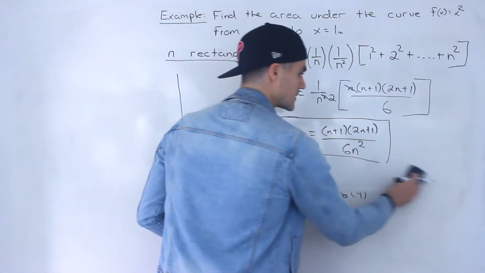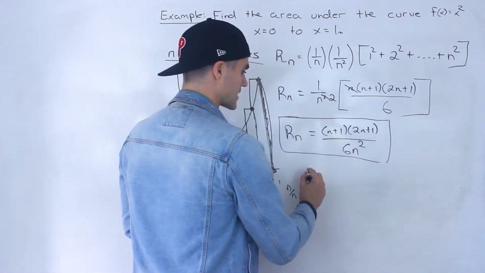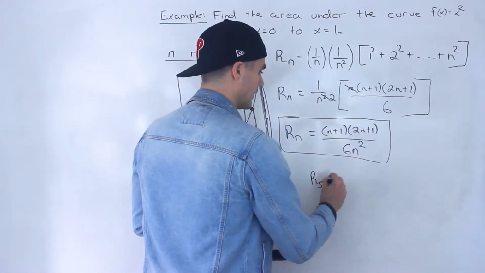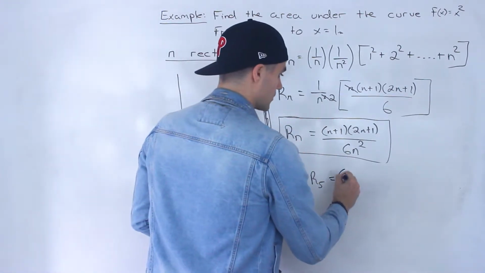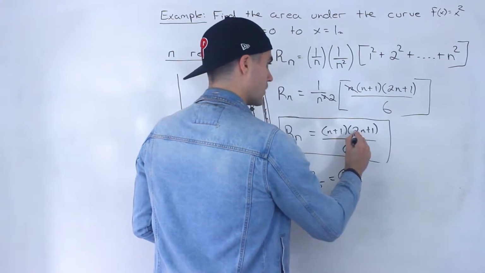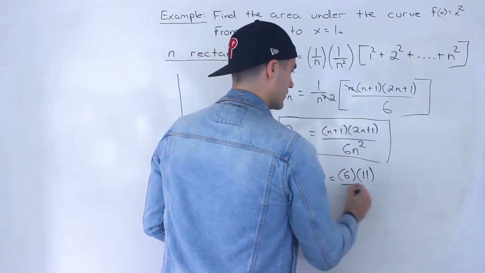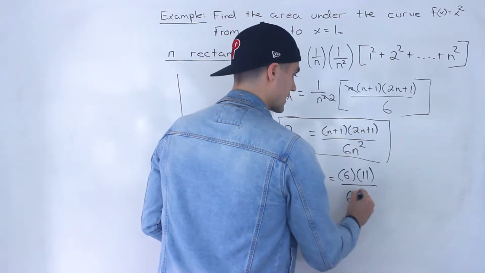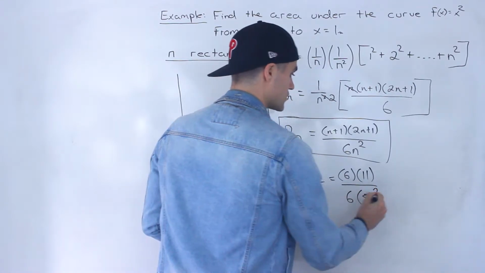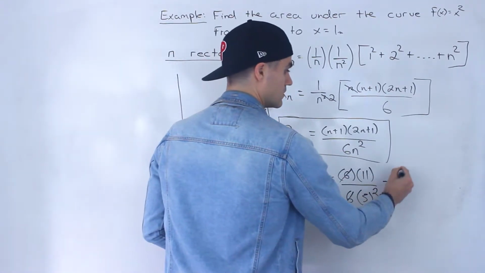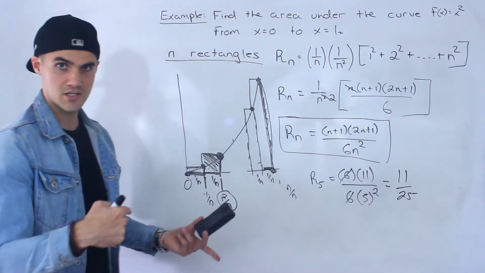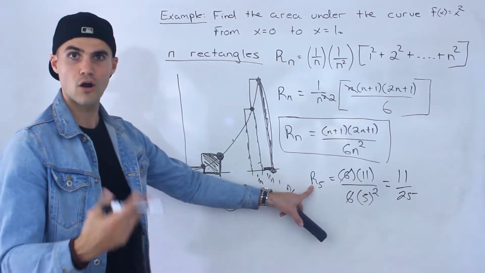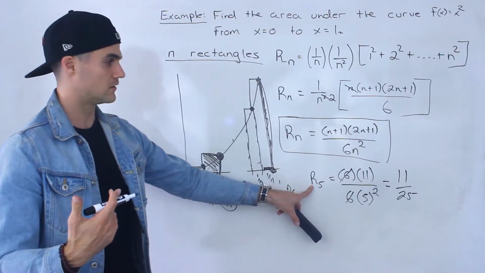What about R5? Because we also did an example with 5 rectangles. So what would happen if we plug in 5 for the brackets here? Well, notice we'd have 6. Over here we'd have 11. And then we'd have 6 times 5 to the power of 2. Notice the 6's would cancel out. We'd be left with 11 over 25, which is what we got when we found R5 before as well. Right?